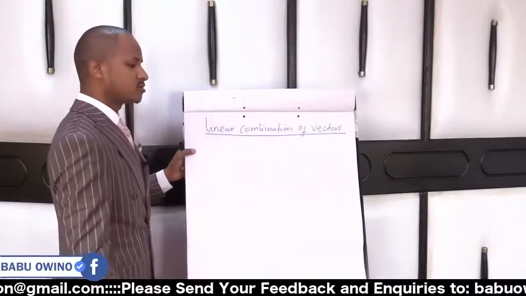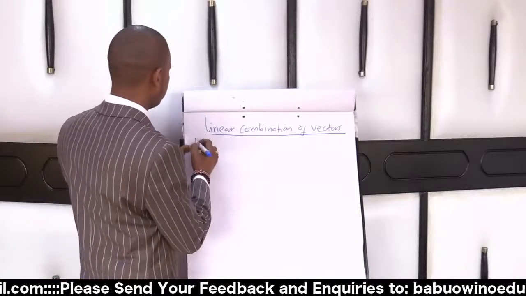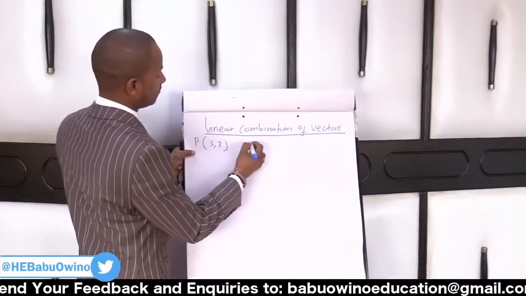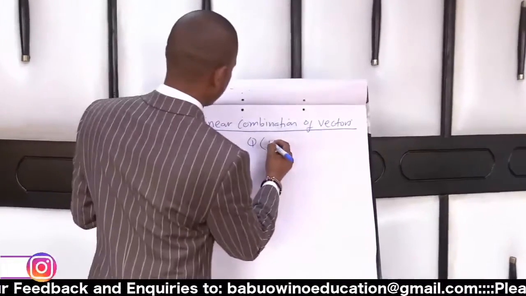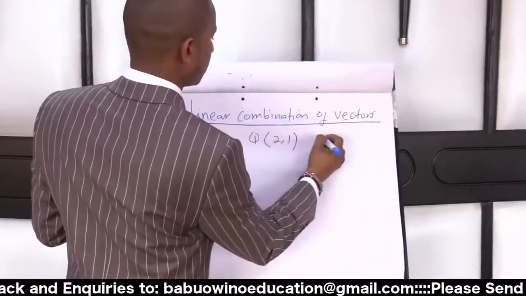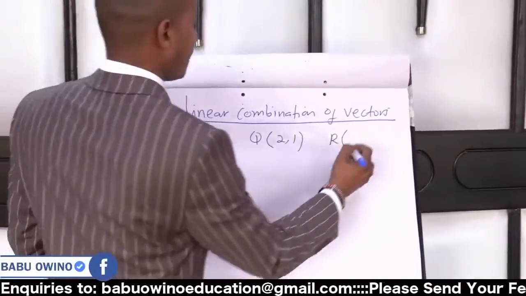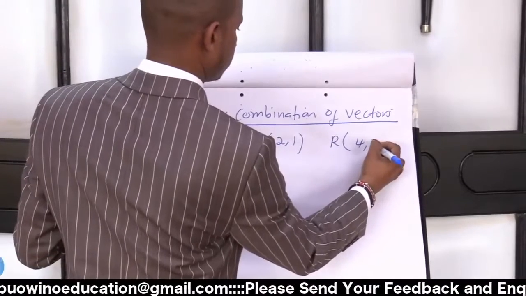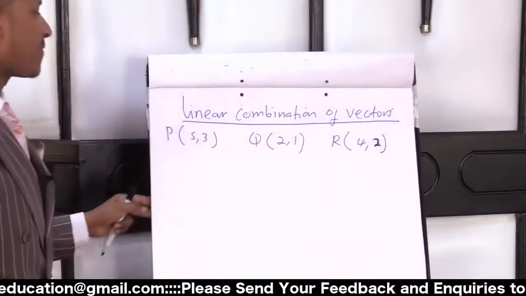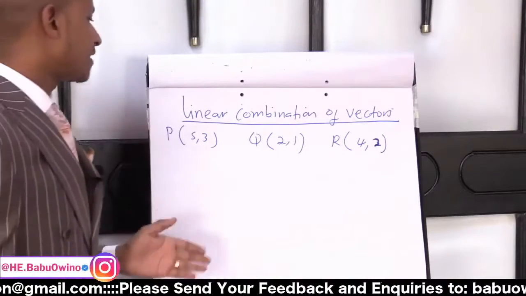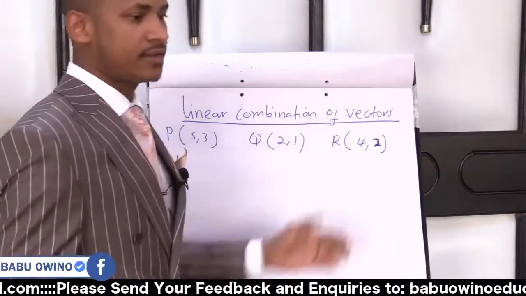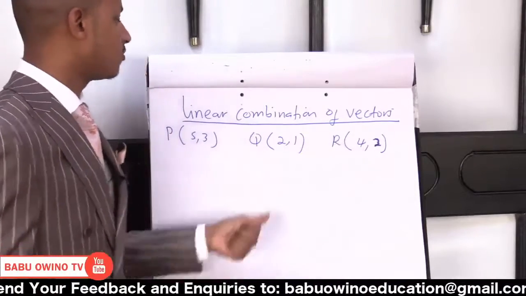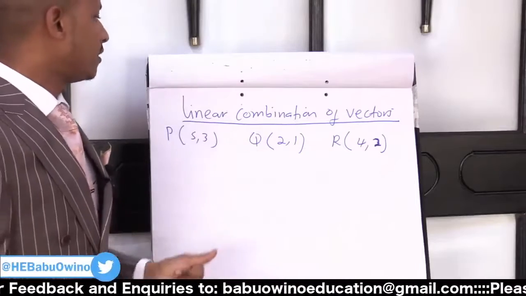For a linear combination of vectors, you can be given point P as 5, 3, point Q as 2, 1, and point R as 4, 2. Then you are told to write P as a linear combination of Q and R, or Q as a linear combination of P and R, or R as a linear combination of P and Q.